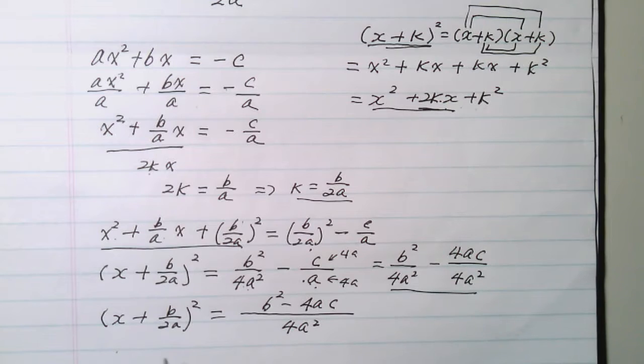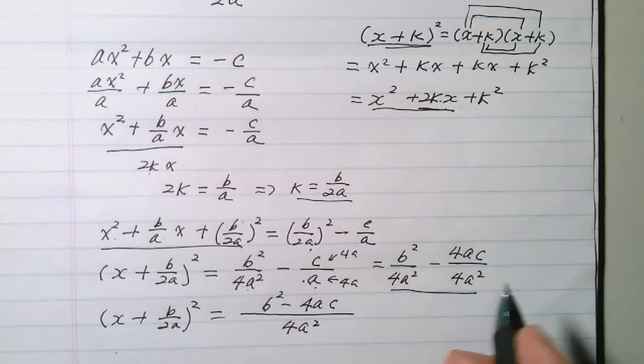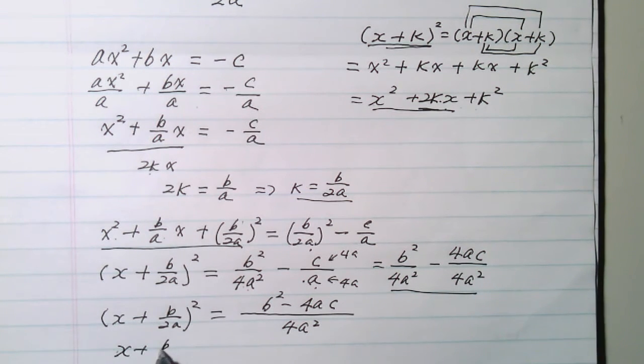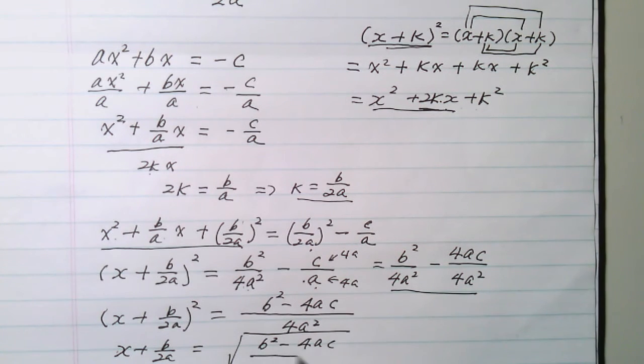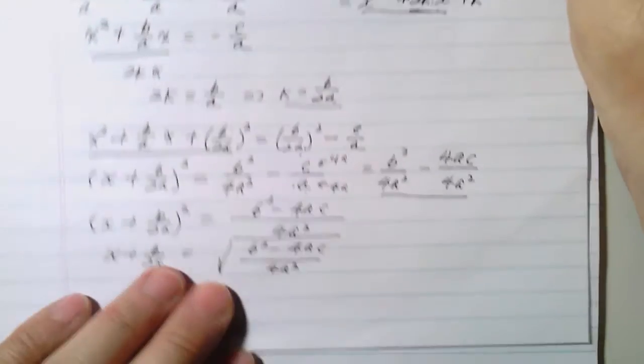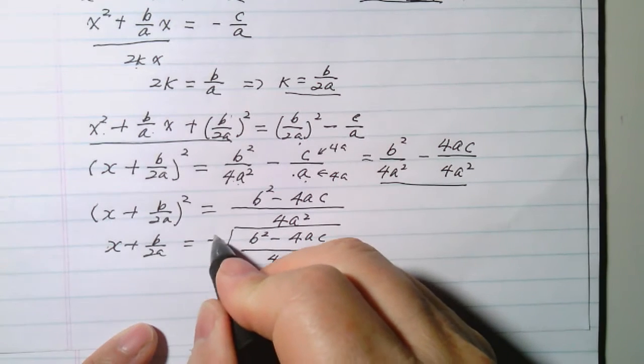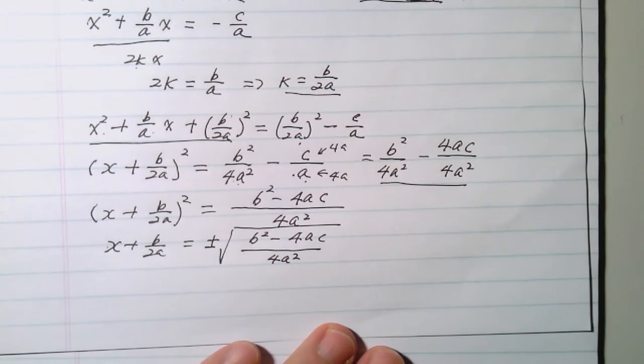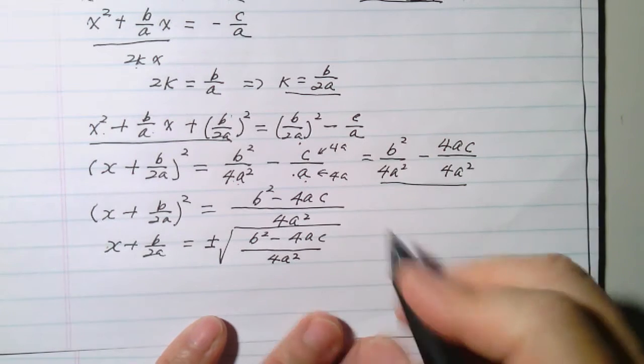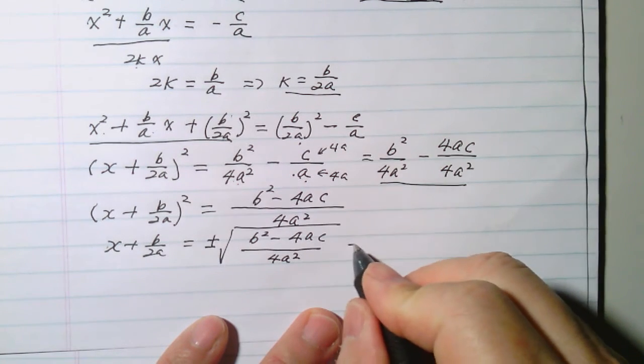Now, when I want to solve for x, I take the square root of both sides. On that side I have x plus b over 2a. On the other side, taking the square root, I get the square root of b squared minus 4ac divided by 4a squared, and remember the plus or minus. The square root of 4a squared is 2a.